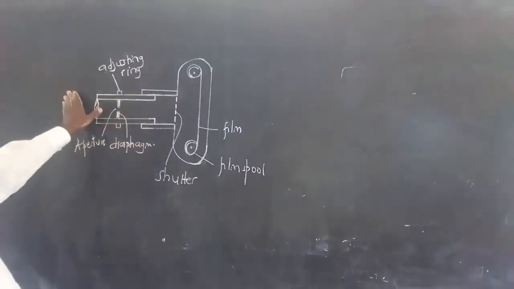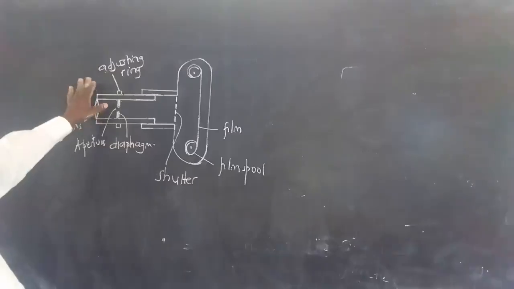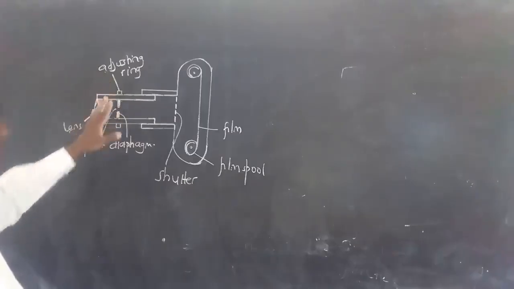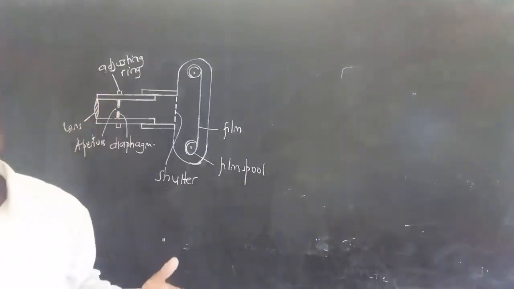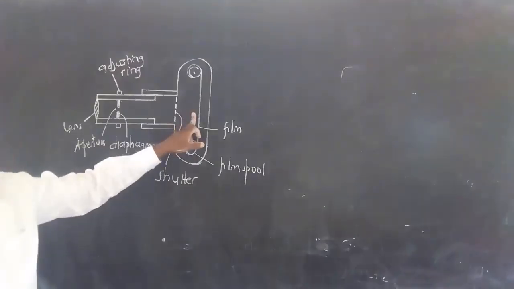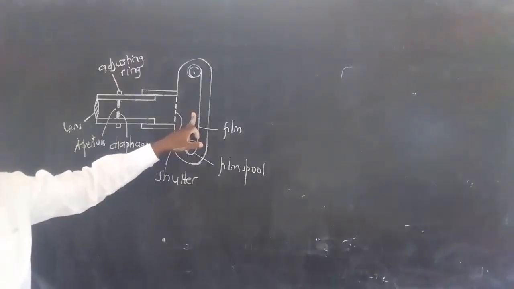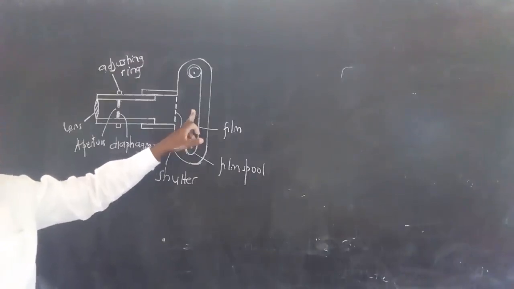Then the lens is to focus and form the image on the film. Then this adjusting ring is to adjust the diaphragm or the size of the aperture. Lastly, the film is coated with light sensitive material or substance, and this is where the image is formed.